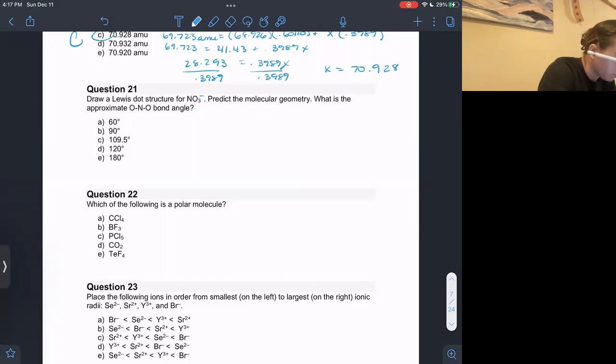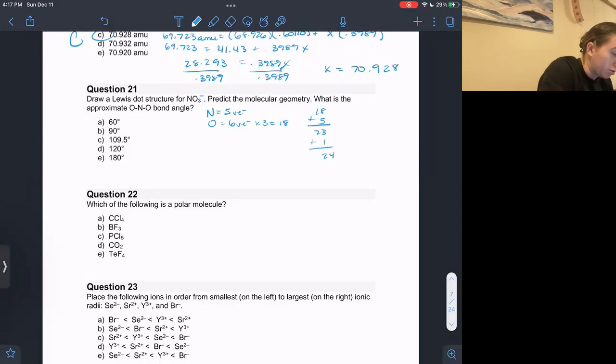Okay. So Lewis structure, I need to count my valence electrons. So nitrogen will be equal to 5 valence electrons, and I have oxygen is equal to 6 times 3, which is 18. So 18 plus 5 is 23. And then I have an extra electron because the NO3 has a minus charge, so I'll have plus 1.